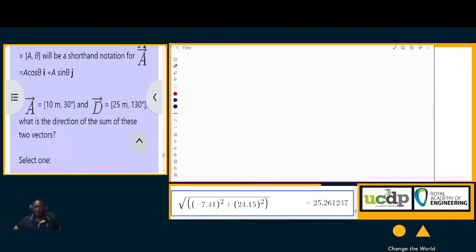Okay. So what was your resultant equation? A plus D equals 10 sine 30 plus 25 sine 130. As i is negative, it must be in the second quadrant. Yes, it's true. So your i component is negative. Okay, that takes it to the second quadrant. That's fine. That's correct.